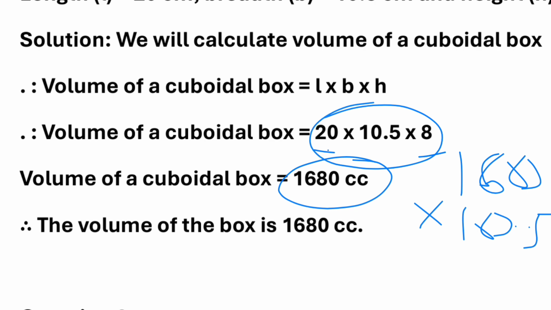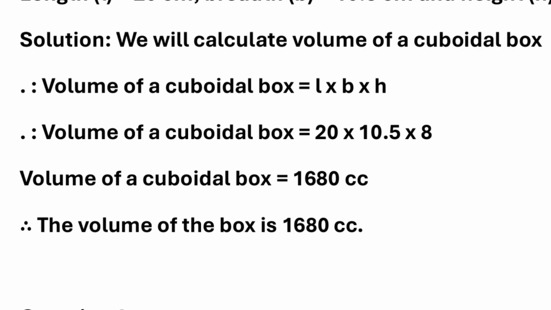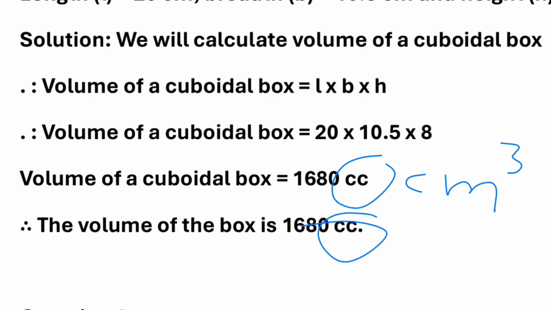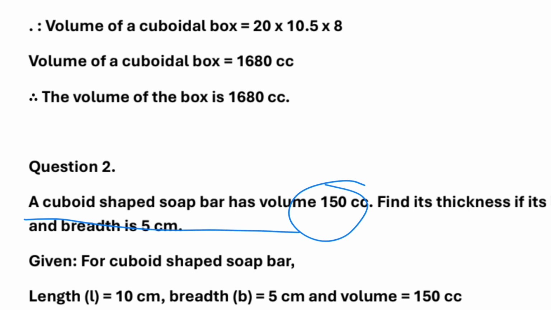So centimeter into centimeter into centimeter means centimeter cube, or we write cubic centimeter. Therefore the volume of the box is 1680 cubic centimeter.